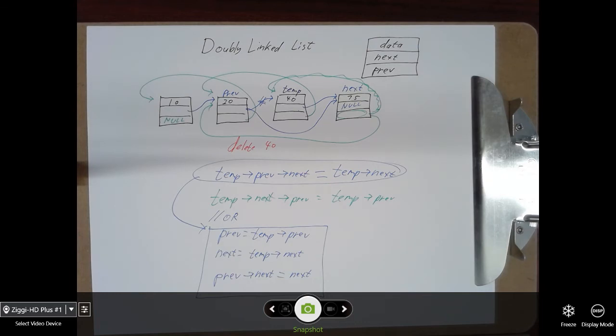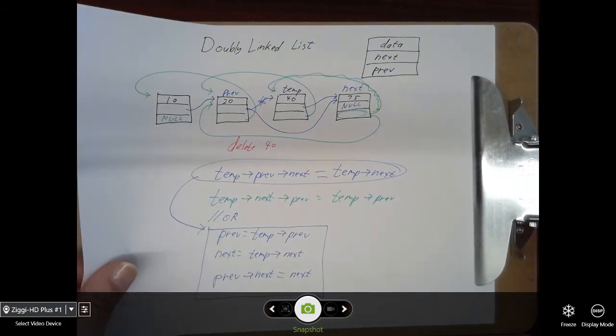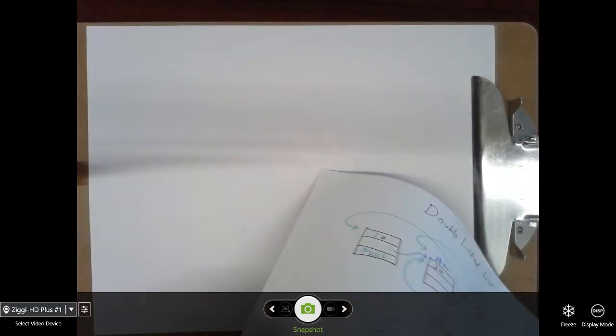Alright, so that's doubly linked lists. And adding a node is even more complex, because when you want to insert a node, you got to do 4 things.